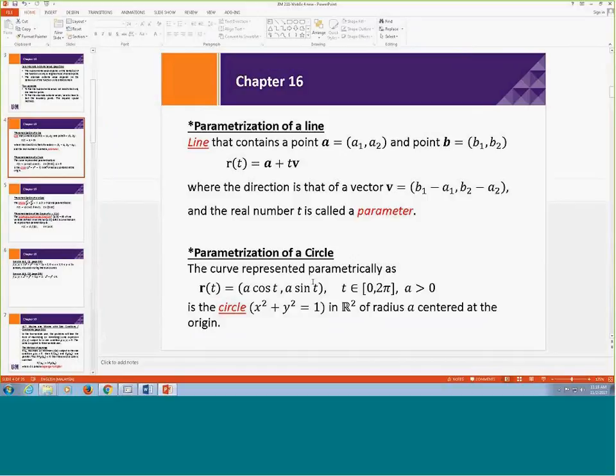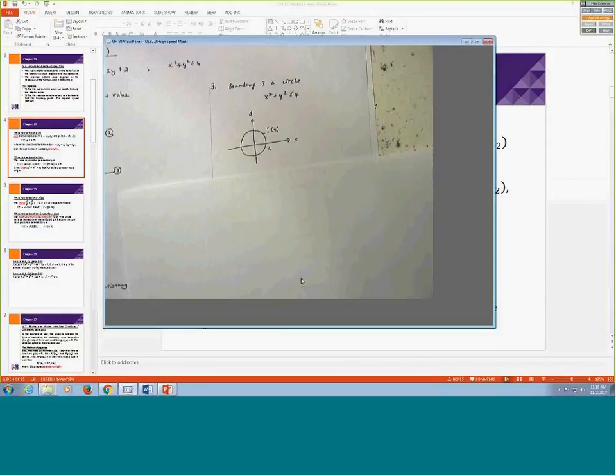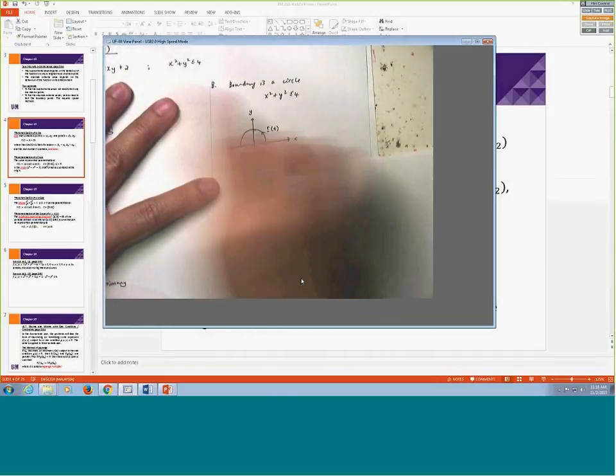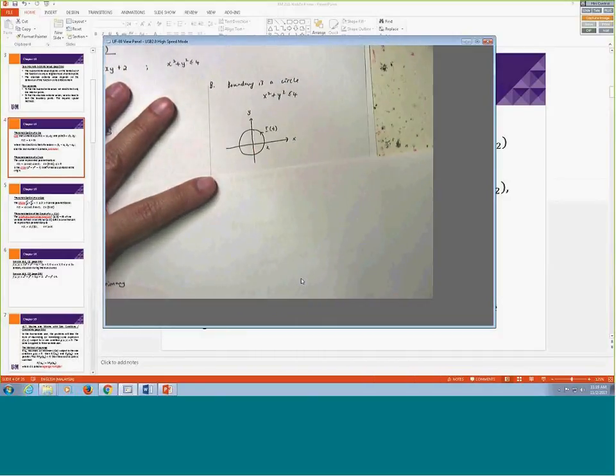This is the x and y, where a is the radius and the parameter t is from 0 to 2π. Because it's only one circle, you need only one equation that transforms the line into a circle.